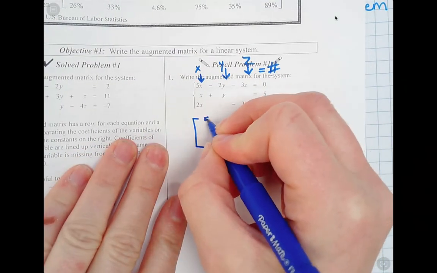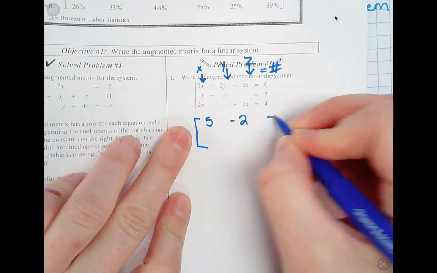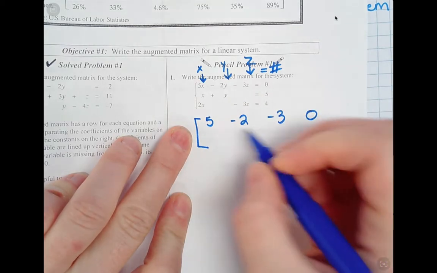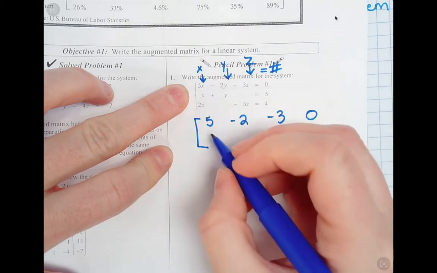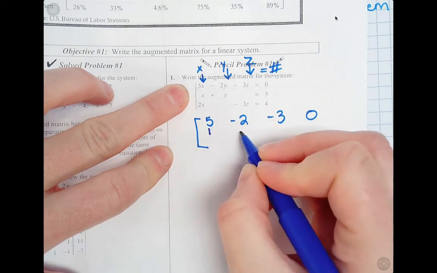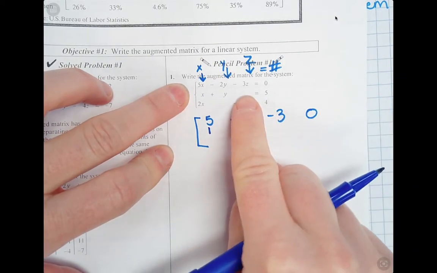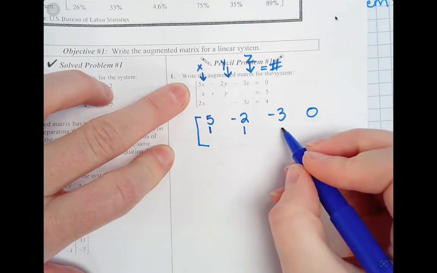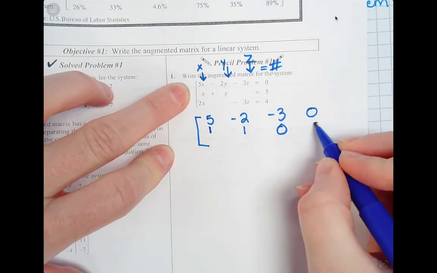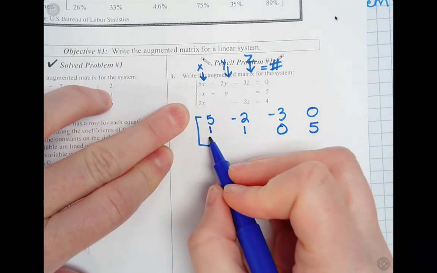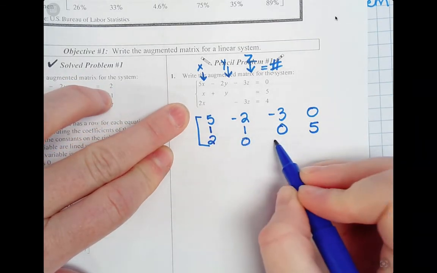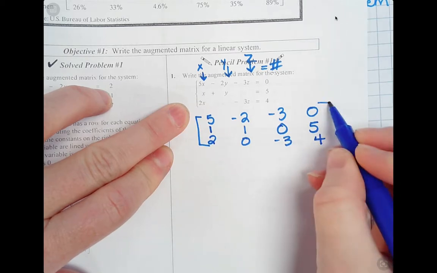So it'd be 5, -2, -3, 0. So the first column is your x's. 1, 1. There's no z in the second equation, so that'll be a 0, and then 5. Then the next one would be 2, 0, -3, and 4.